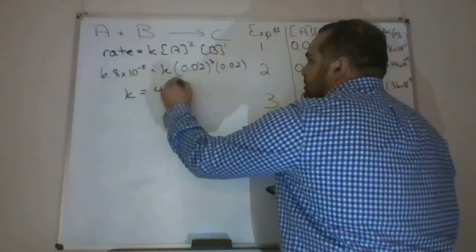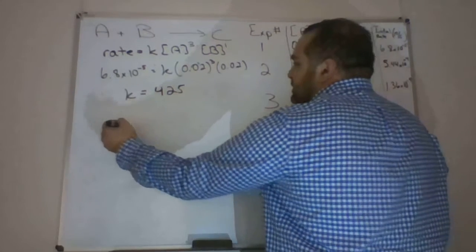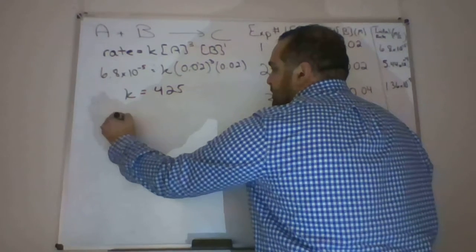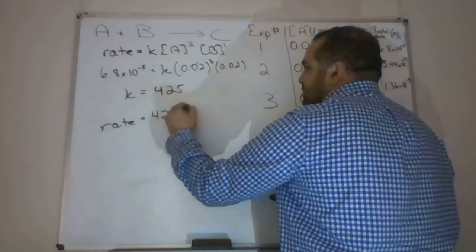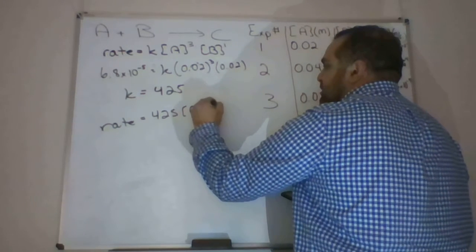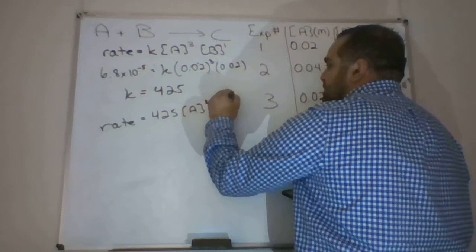So this is our rate constant here, and therefore we get rate equals 425 [A] to the 3, [B] to the 1.